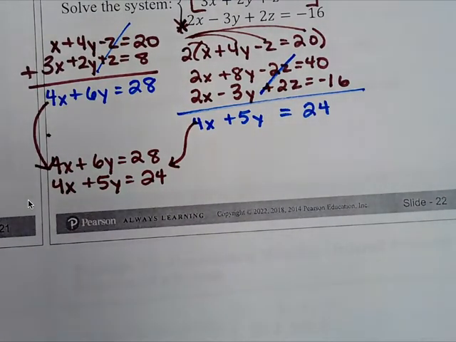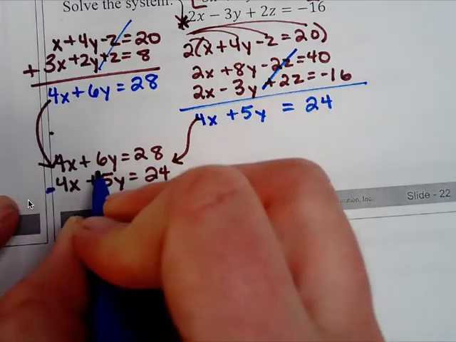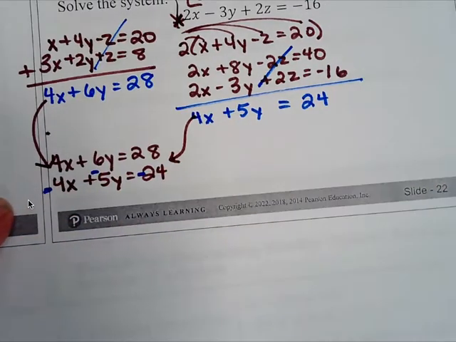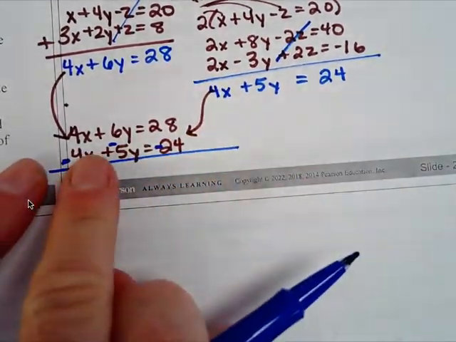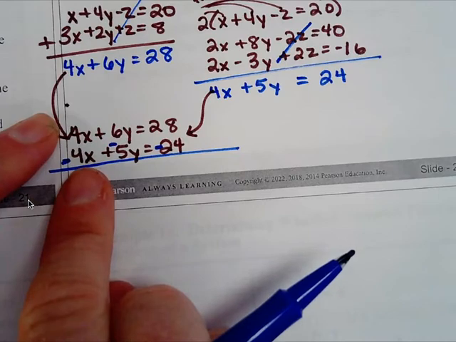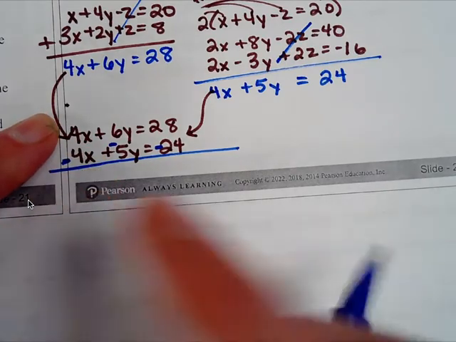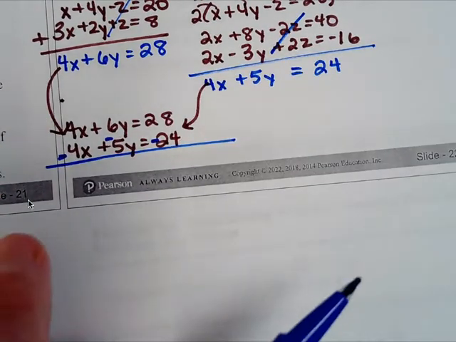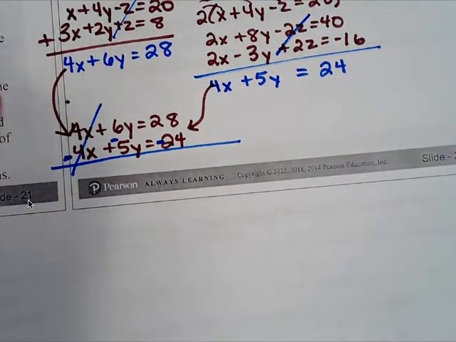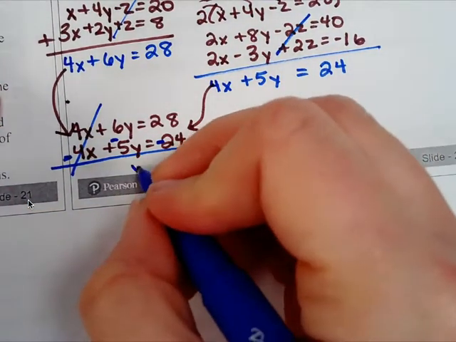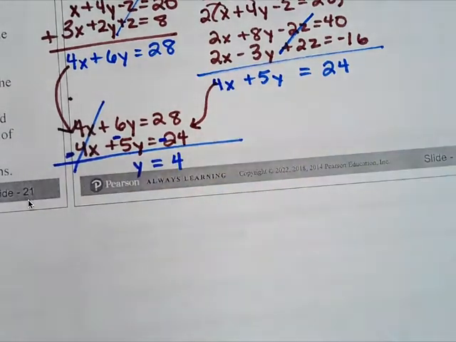So I'm going to change the sign of all of these to subtract it. That's the same thing as multiplying -1 times everything. Because they're the exact same, just not opposites yet, that 4. So the reason why I'm subtracting is so I can take that 4x and subtract them to get rid of them. So then I can cancel them. Y equals 4.